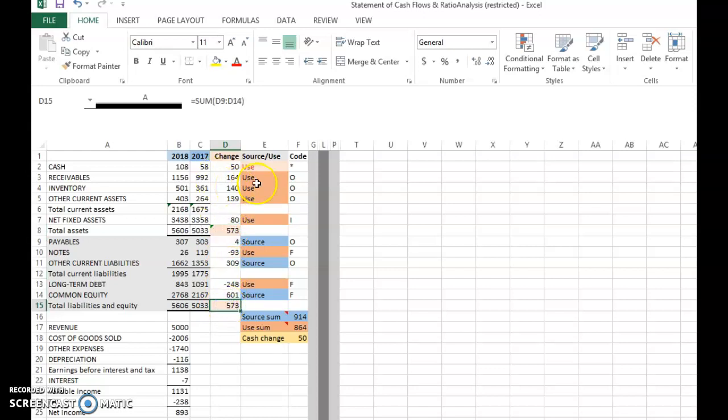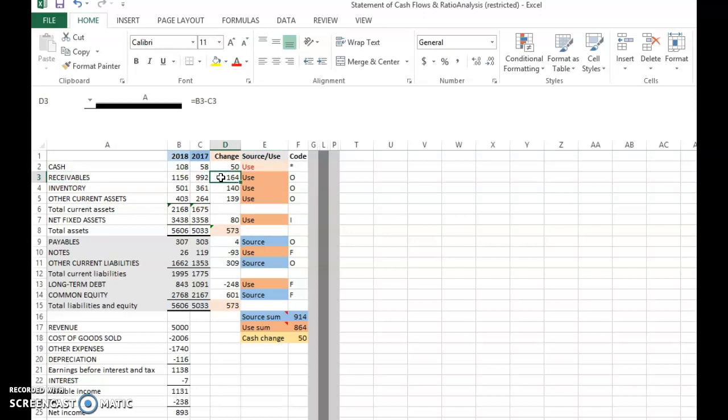The second step is to categorize, to group them. This change you categorize into a use or a source of cash. For example, the first item, cash, you ignore this for the moment. We'll come back to this later. But let's look at receivables. Receivables has gone up by 164 million. So is that a use or a source of cash?